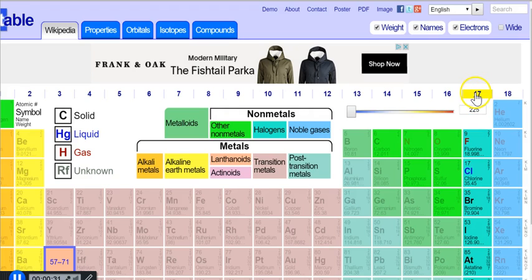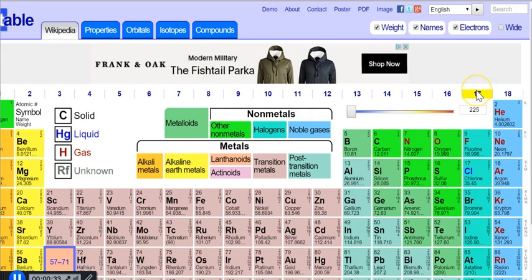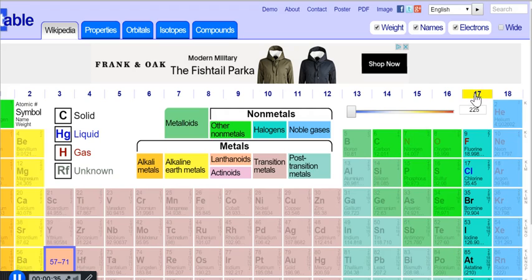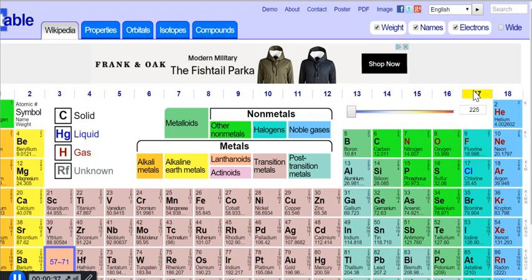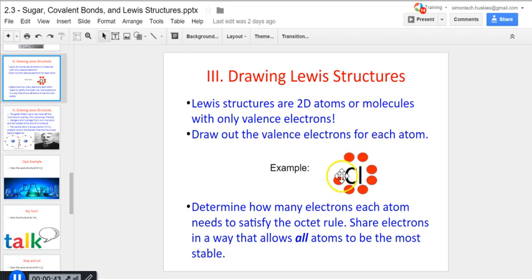So what we do is we can figure out how many valence electrons it has, the electrons on the outside, by just taking away that one, and we see it has how many? 7 valence electrons. So when I draw it out, it's going to look like this, with 7 electrons around it.